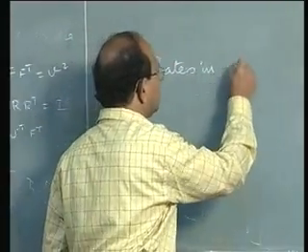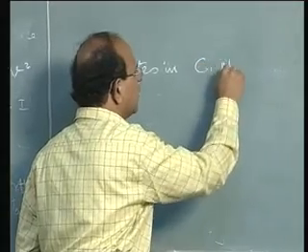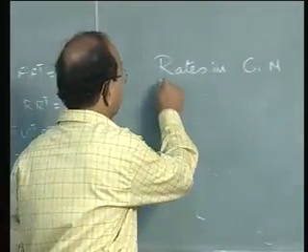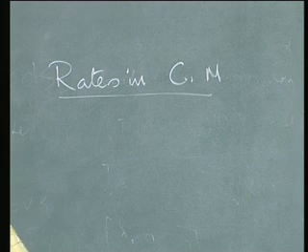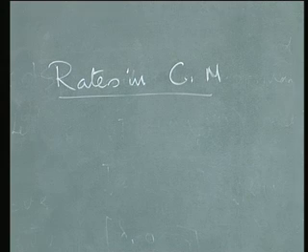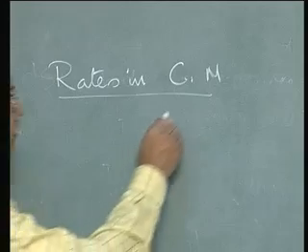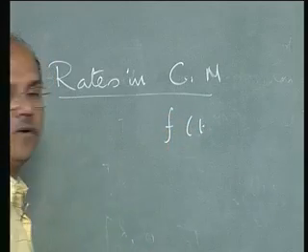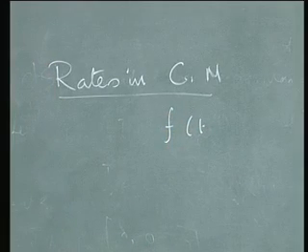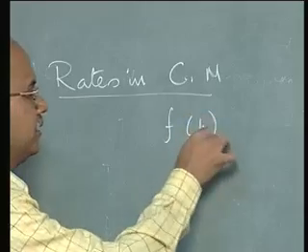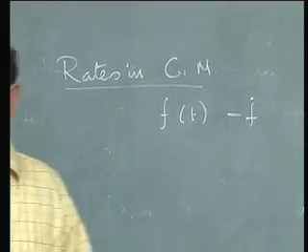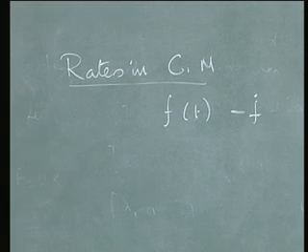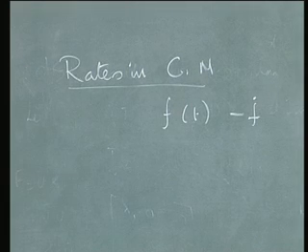Rates in continuum mechanics. What is the big issue there? There are quite a few issues which we have to sort out. What do we mean by a rate quantity? Suppose I have some function f of t. Obviously what I am interested in is f dot. Now what is the issue here?